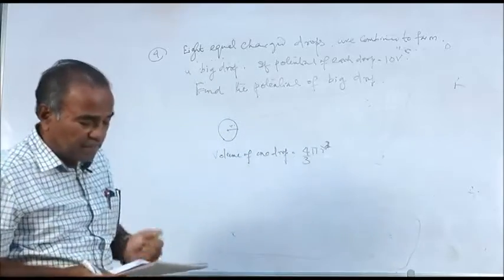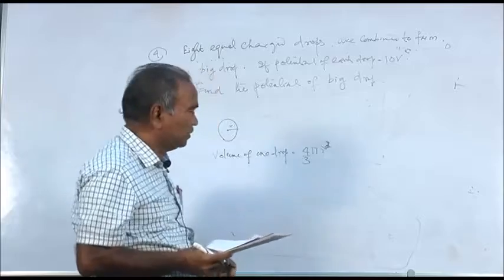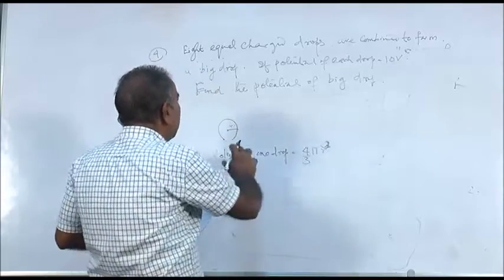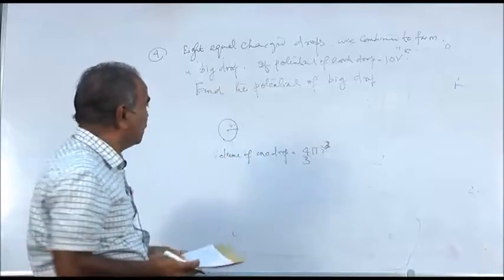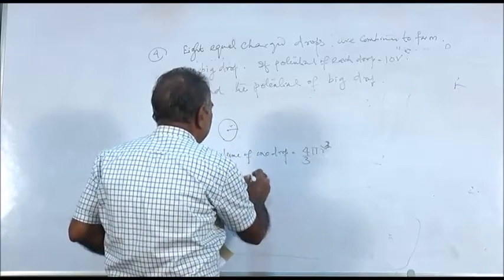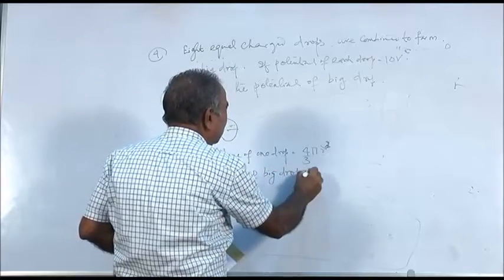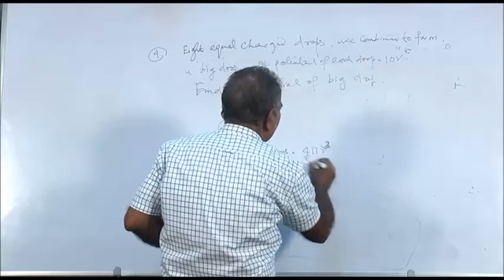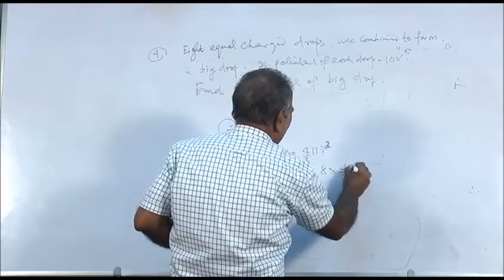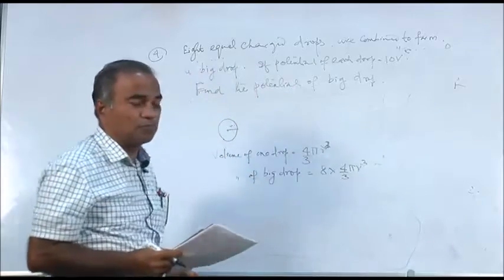Drops are spherical in shape, so the volume of one drop is 4 by 3 pi r cube. These 8 small drops are combined to form a single drop, so the volume of the big drop is 8 times the volume of one drop.